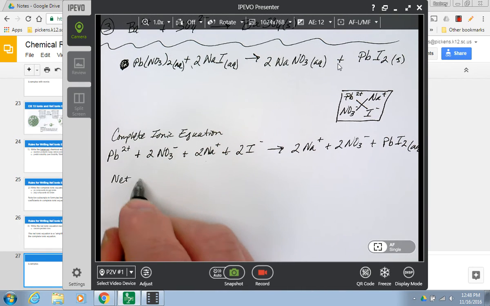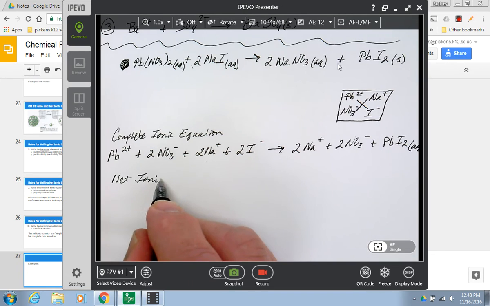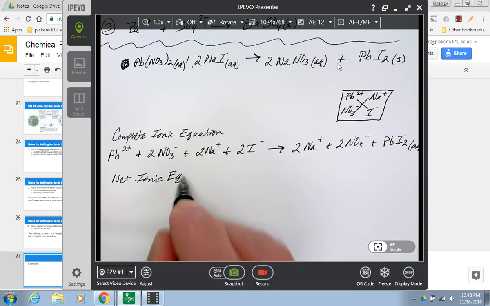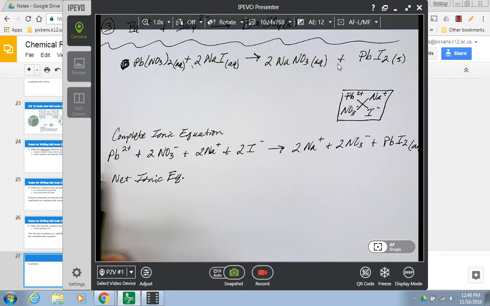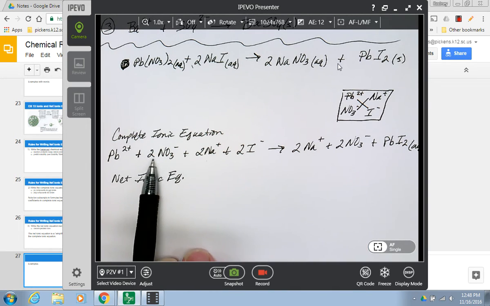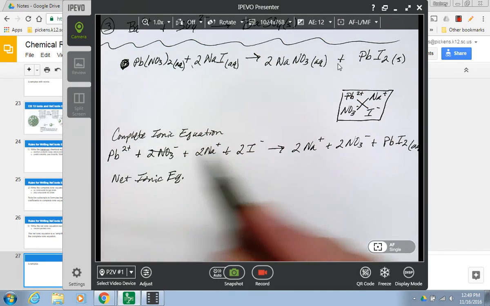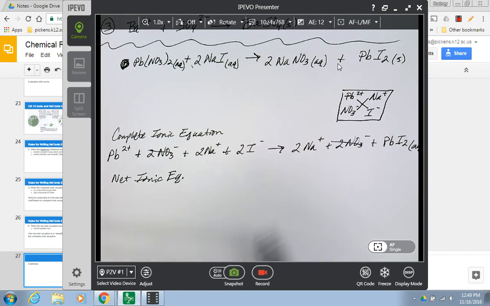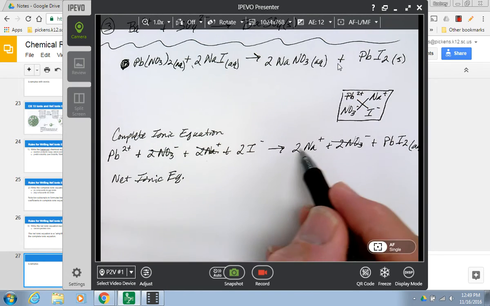Now let's take the complete ionic equation and write the net ionic equation, all right? What we want to do is figure out what the spectator ions are. The spectator ions are those that are on both sides of the equation. So we can cancel those out. We have a lead 2 plus here, but we don't have it over here. We have 2 nitrates and 2 nitrates. So we're going to cancel the 2 nitrates out. We have 2 sodiums and 2 sodiums.